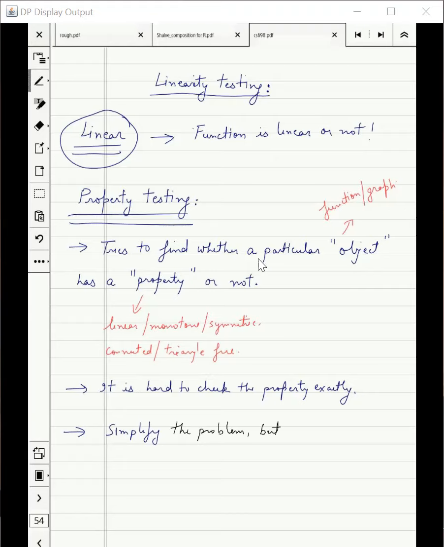But the running time or the number of queries, so number of queries in the sense what, how much of the object you want to look at, right? How many of the edges you have to see, that in time needs to be significantly smaller.